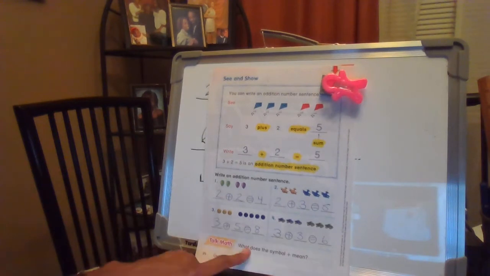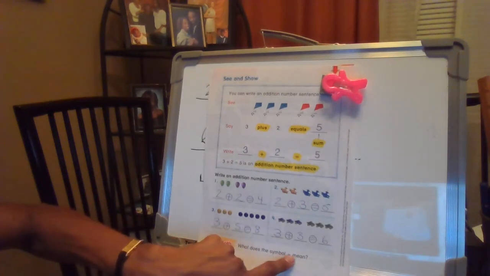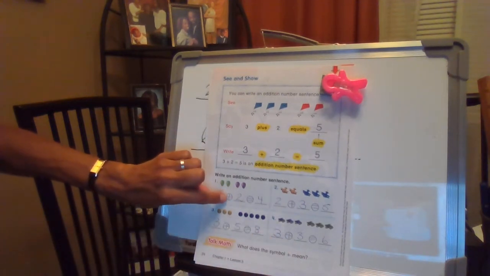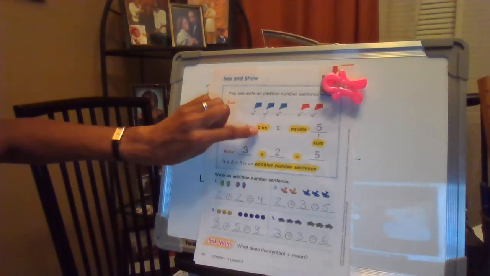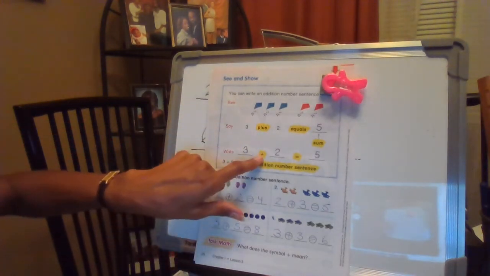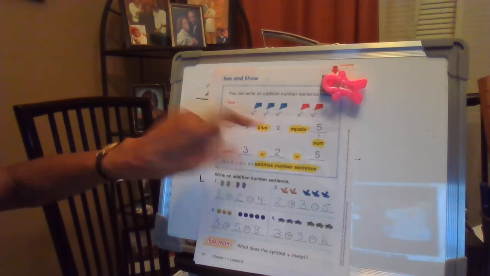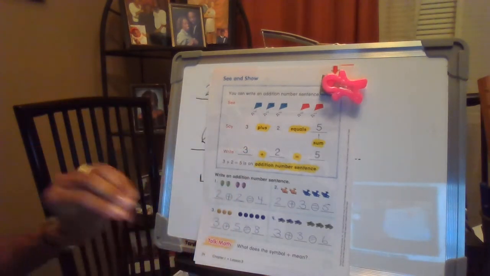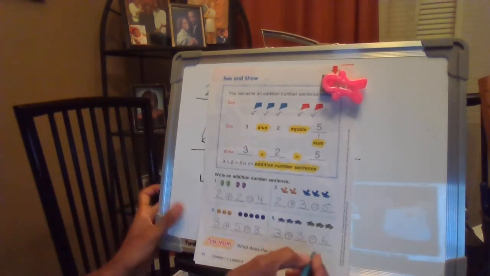Talk math. What does this symbol plus mean? Okay, what does it mean? It means plus or join or add.